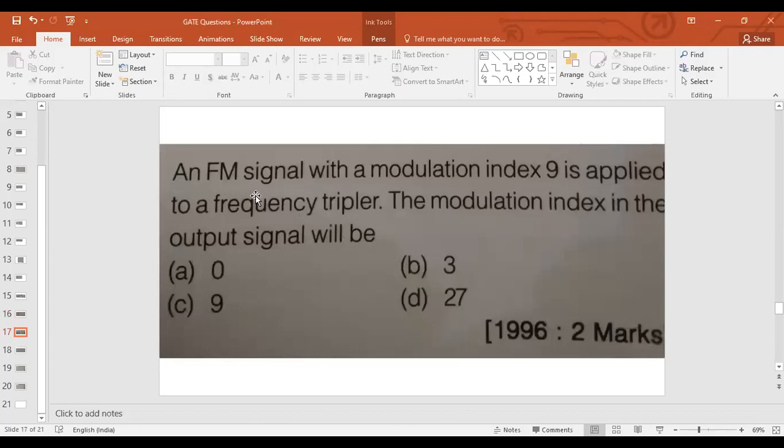An FM signal with a modulation index 9 is applied to a frequency tripler. The modulation index in the output signal will be?